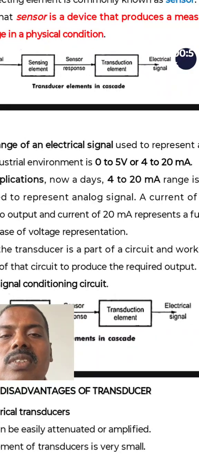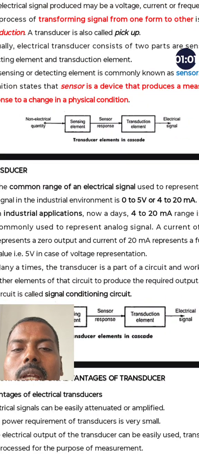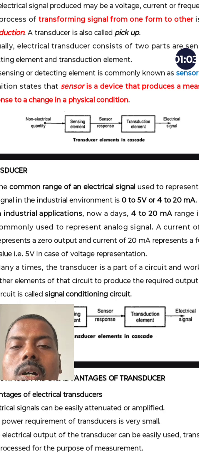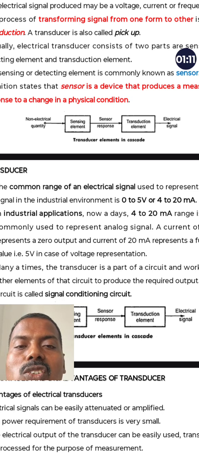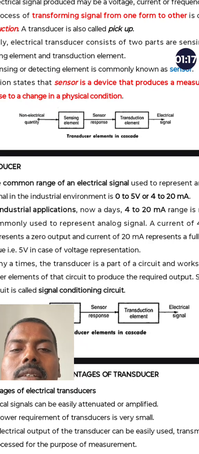In the diagram, the non-electrical quantity is given as an input to the sensing element. After sensing the non-electrical quantity, it sends the response to the transduction element. That is an electrical signal.